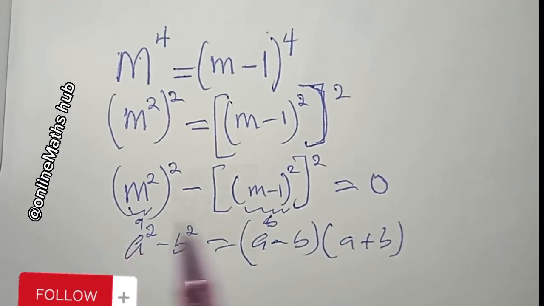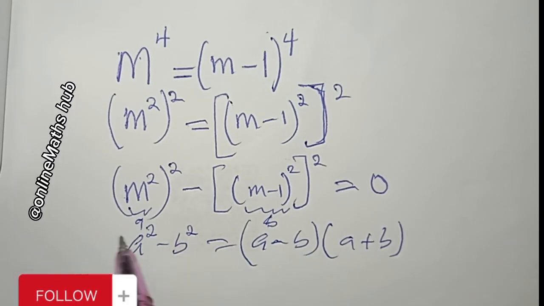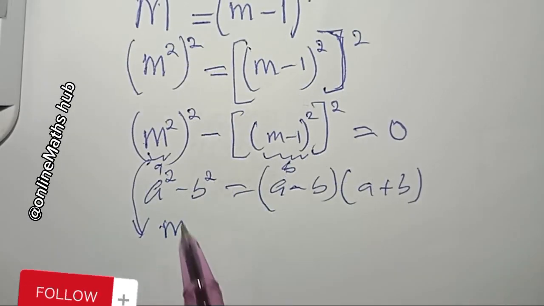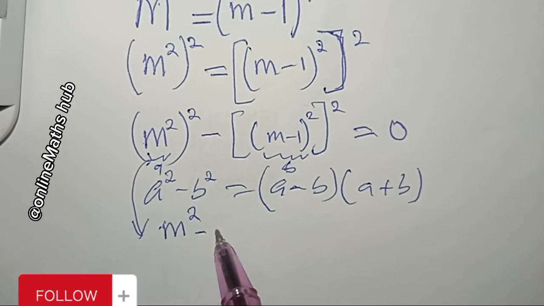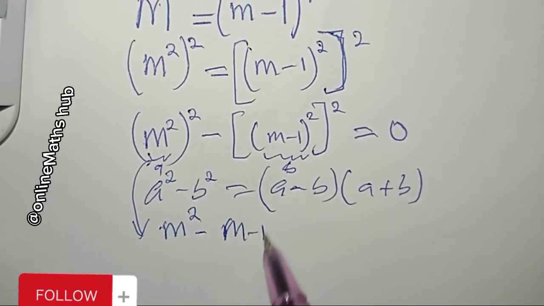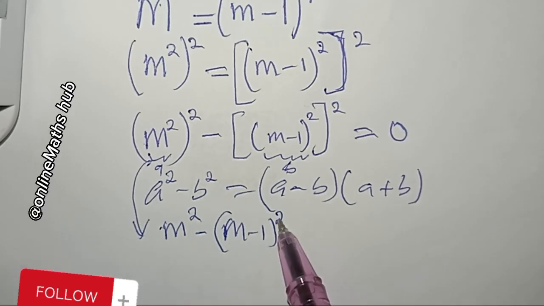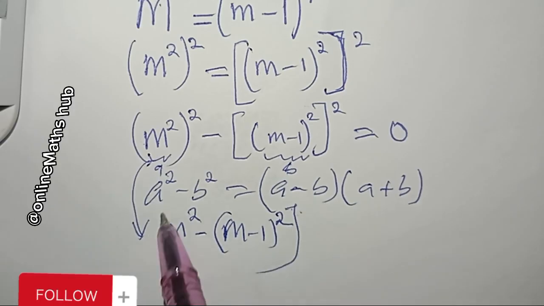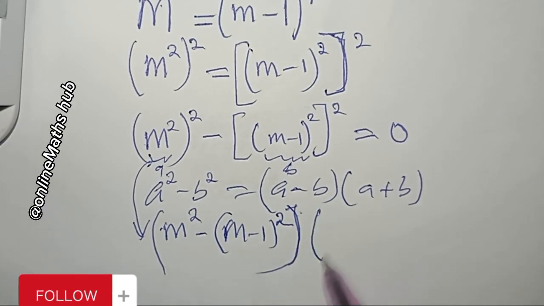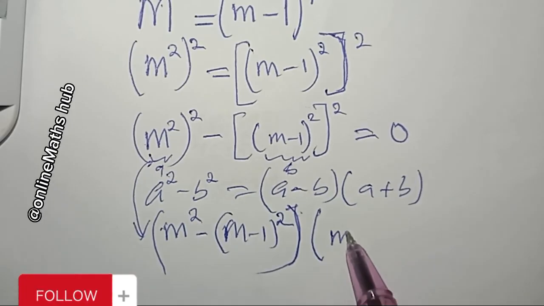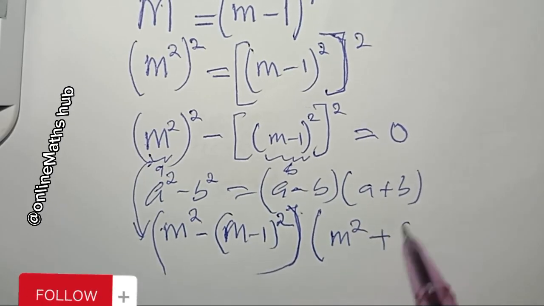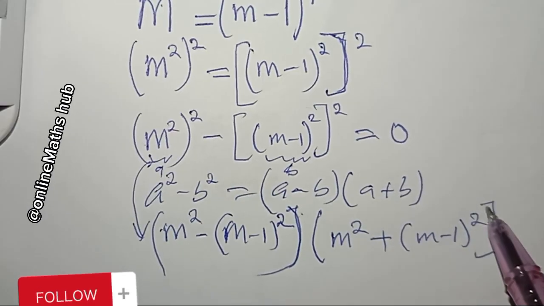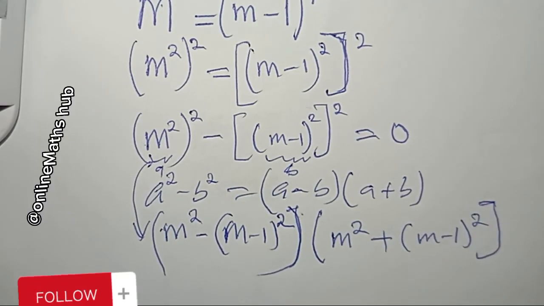So this transforms to (m^2 − (m − 1)^2), and then in another bracket, that is a plus b, (m^2 + (m − 1)^2). So this is what we have right here.